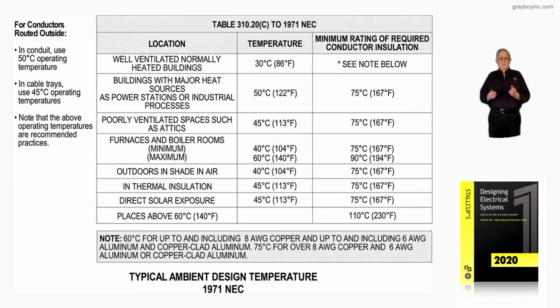And we're saying these are the application based upon 60 degrees C and 75 degrees C terminals. And you know, they begin to really have equipment that was 60 degrees/75.